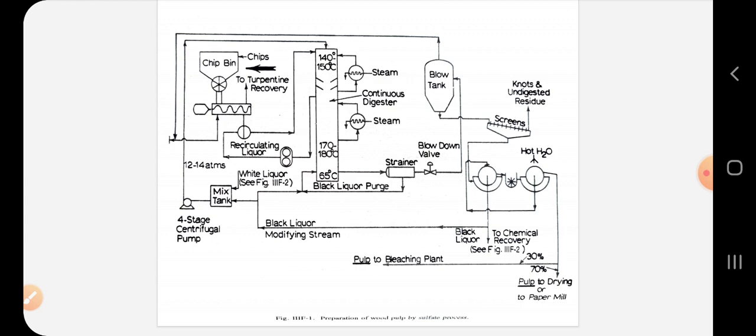The pulp that we obtain from here after the screens and centrifuge is brown colored pulp. In order to make it directly usable, we need to bleach it to decolorize this brown color.